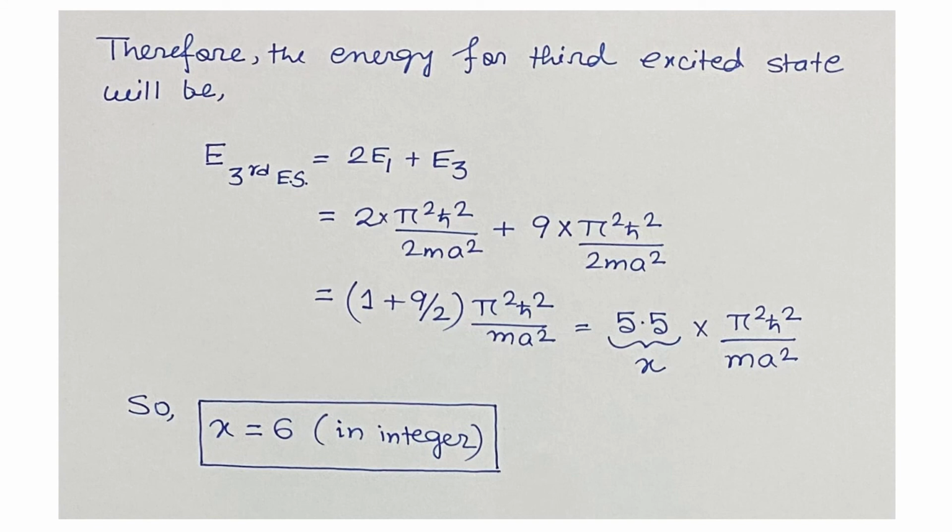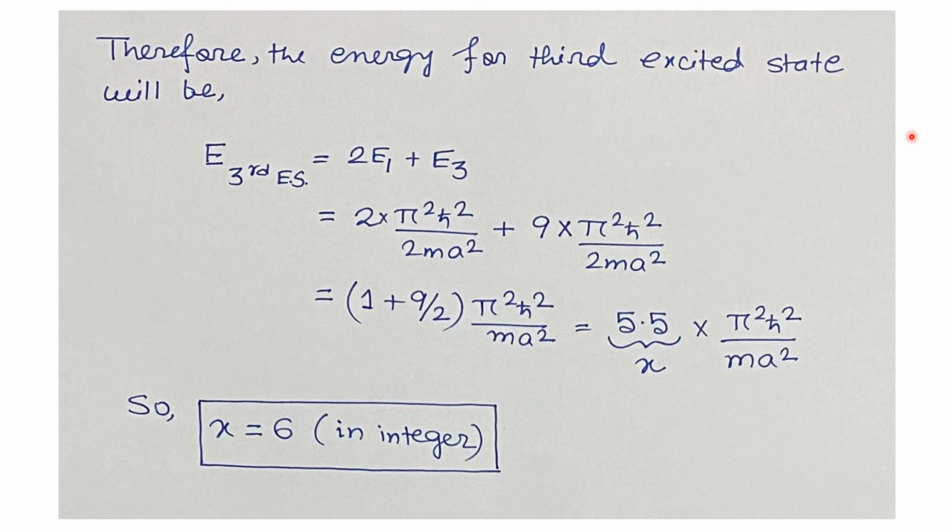Up to this point, we have found the actual arrangement of the three bosonic particles in the energy levels of the one-dimensional potential well to achieve the third excited state of this system.